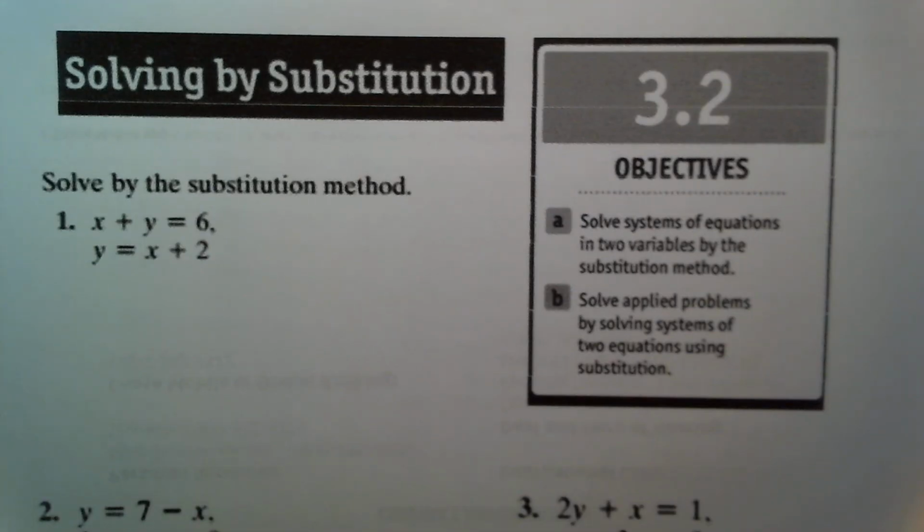Section 3.2 is solving systems of equations by substitution. Solving by graphing, though useful in many applied situations, is not always fast or accurate in cases where solutions are not integers. So when we have fractions, the graphing of the solutions can be rather difficult.